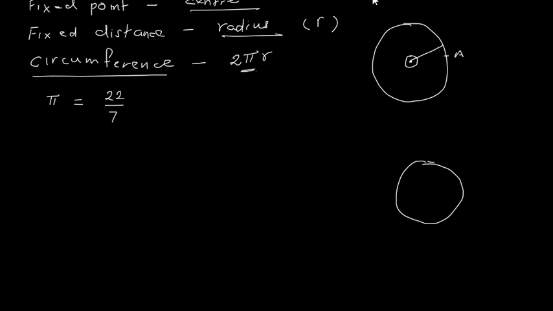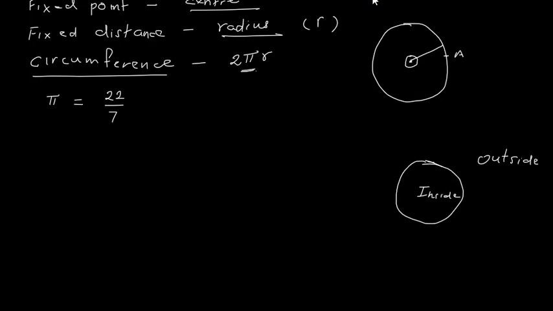One is the inside of the circle, other is the circle itself, and third is the outside of the circle. Now this inside of the circle is called the interior part, the circle is called the circle, and the outside part is called the exterior part of the circle.